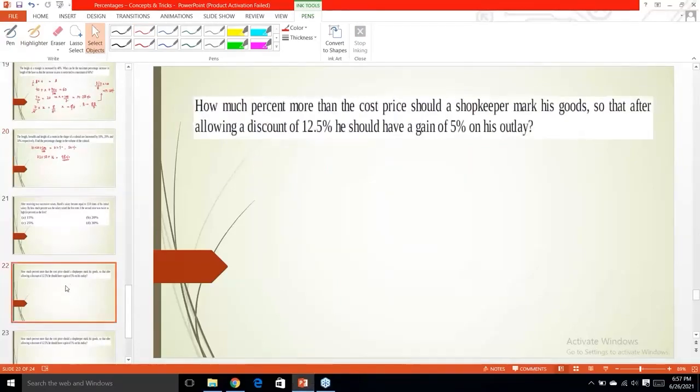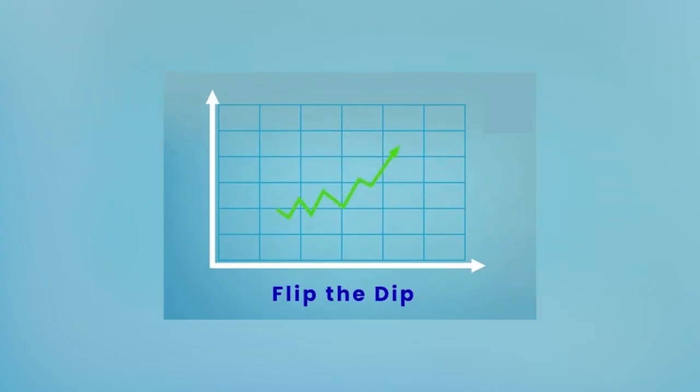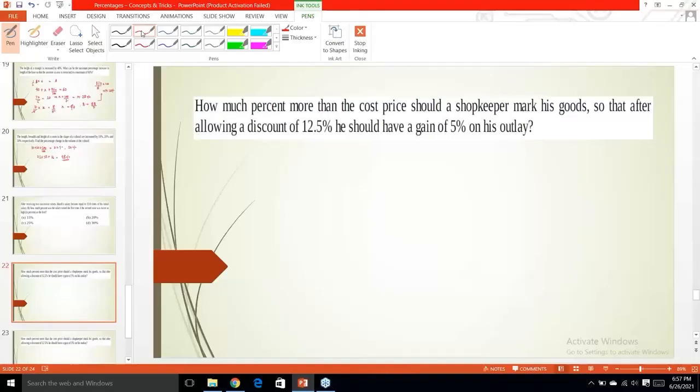So this is again a very good application in profit and loss, right? The idea of successive change. So I'll just solve this because I've not discussed profit and loss in this session. Okay, but the idea is this, right? There is some cost price. You increment the cost price by, let's say, X%, right?